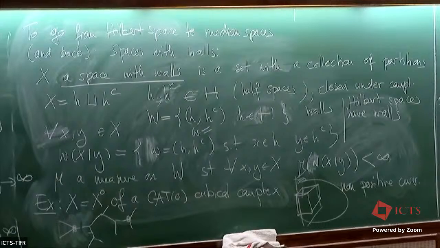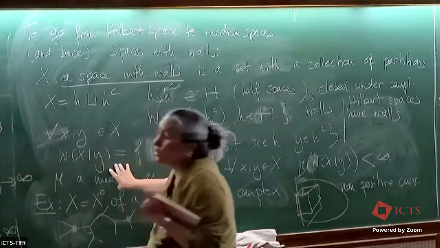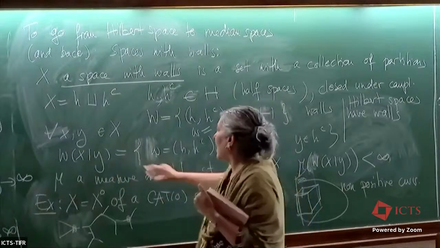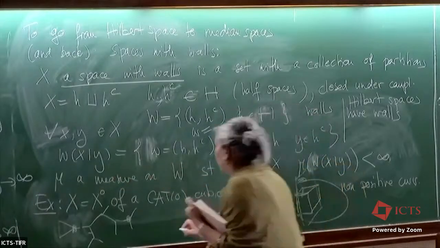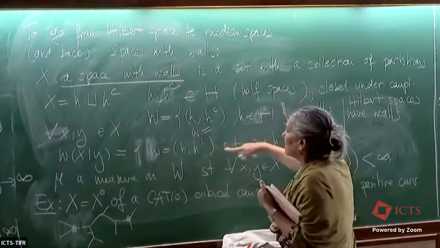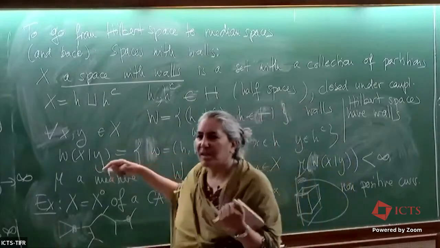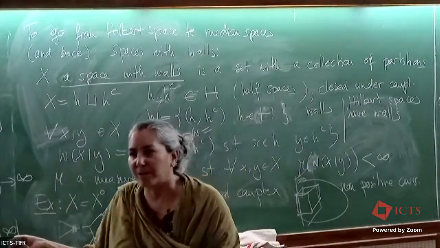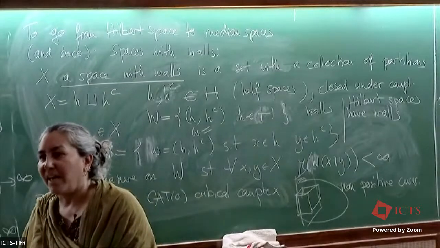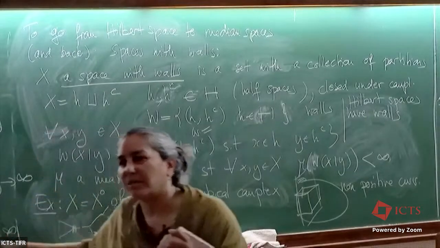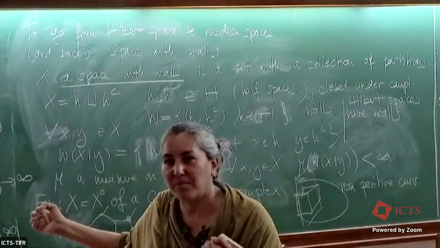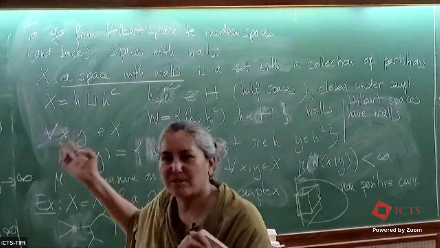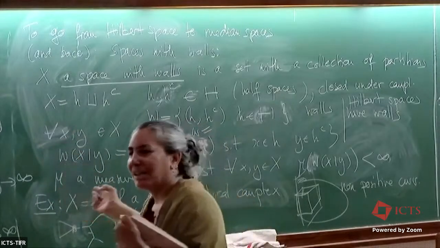So when you have a space with walls, you can get a metric, or pseudometric first, out of deciding that the distance is the measure of the number of walls separating 2 points. That gives you a pseudometric. And if the walls you had were convex with convex complement, the metric you get is the same you started with.